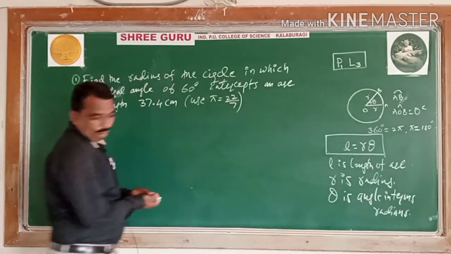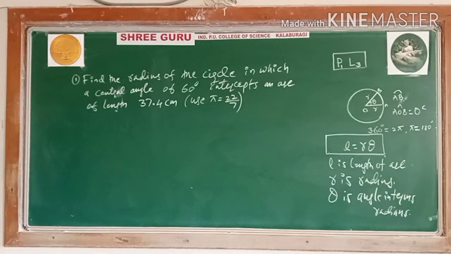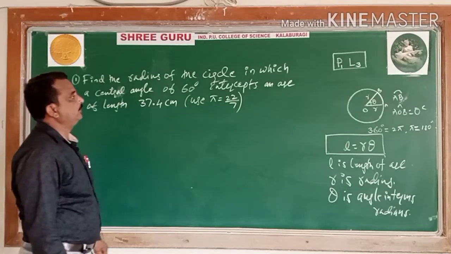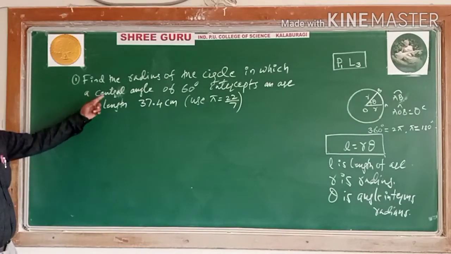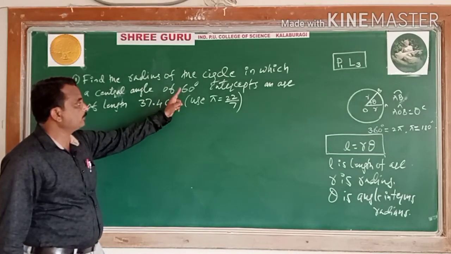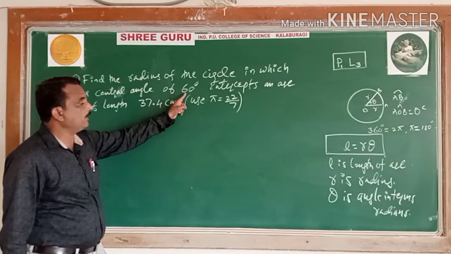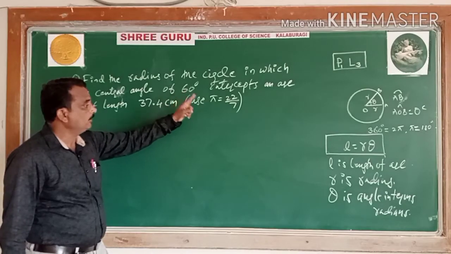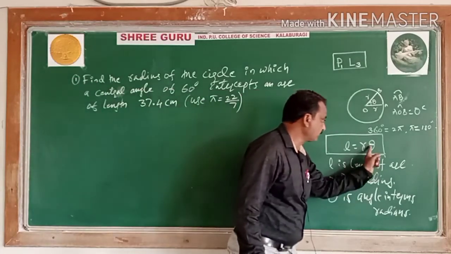Now let us come to this problem here. See what is the problem here? Find the radius. What you have to calculate? Radius of the circle R you have to calculate. In which the central angle, how much angle given here? 60 degree. Is it given in terms of radian or degree? It is in terms of degree. You need it here in terms of radians.